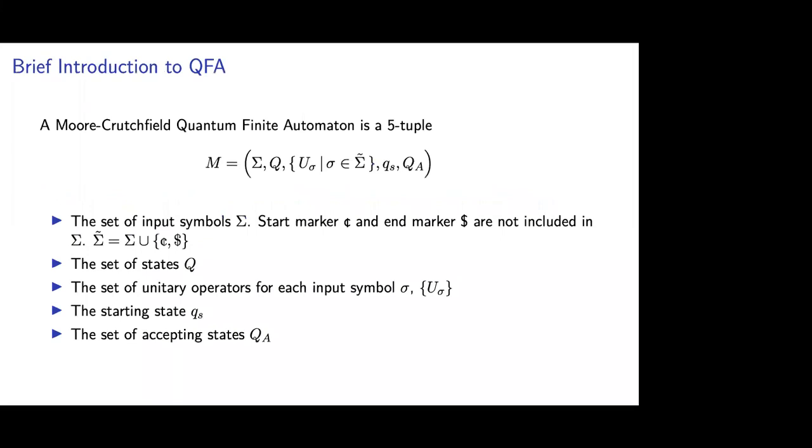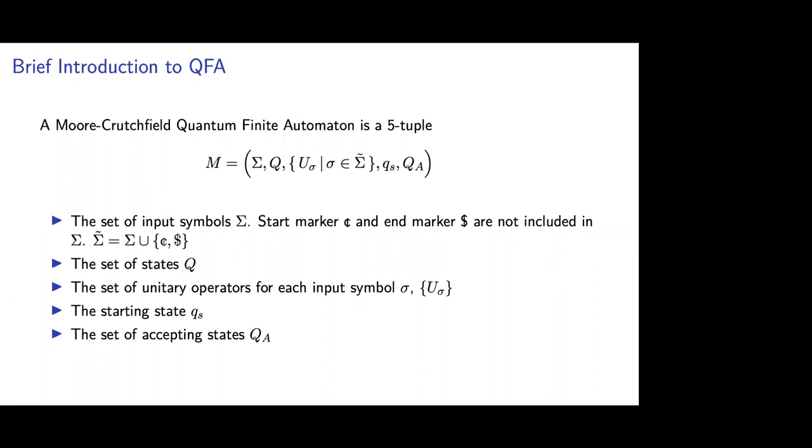So there are actually many models of quantum finite automata, but we use Moore-Crutchfield quantum finite automata because they are simple enough for us to implement in a quantum computer. Basically, they are a 5-tuple. The first component is a set of input symbols.